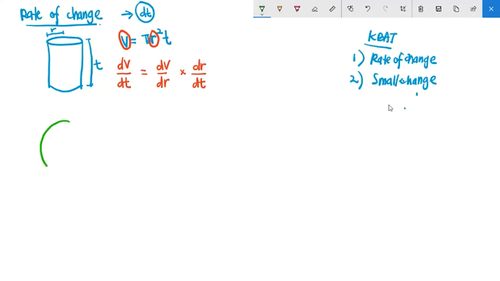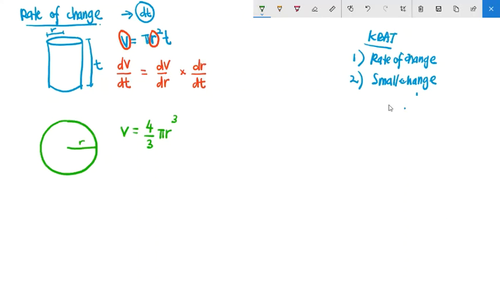Kita tengok bentuk sphere. This is sphere. Bayangkanlah ada 3D bentuk sphere. So kita ada R. Okay. Untuk ini isi padu sphere is V is equal to 4/3 pi R cube. Okay.